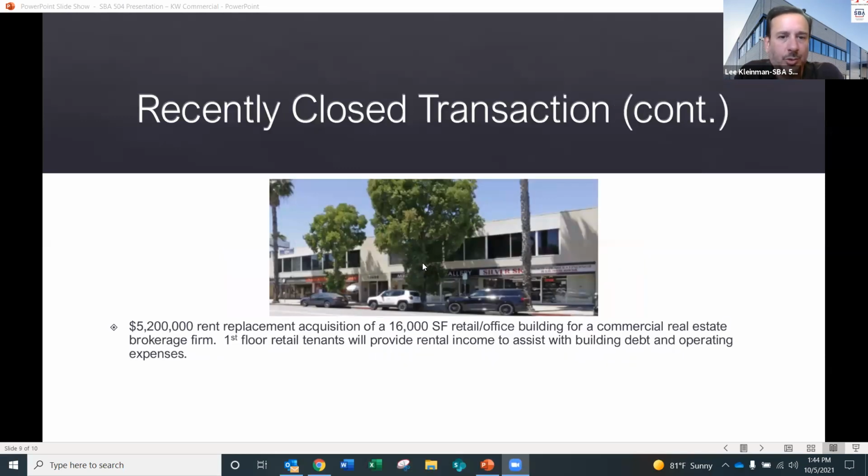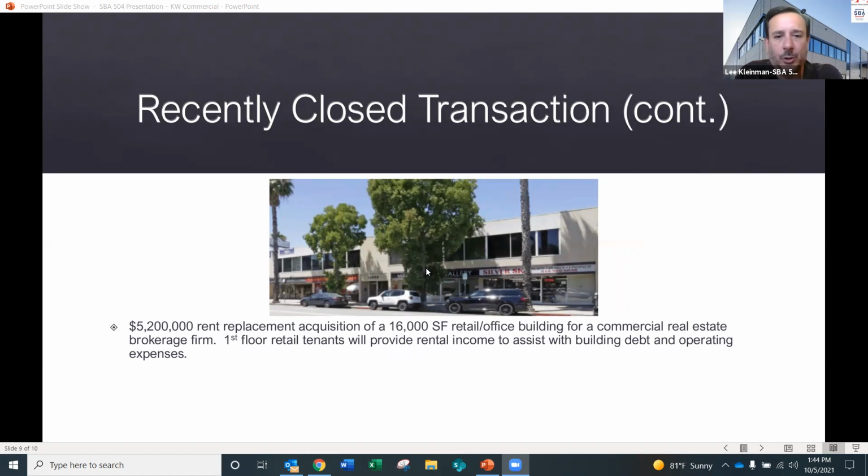This was for a commercial real estate brokerage firm in the Valley. They bought their building last year as well. This is a great example of where you can buy a bigger building than what you need now and rent out the extra space.